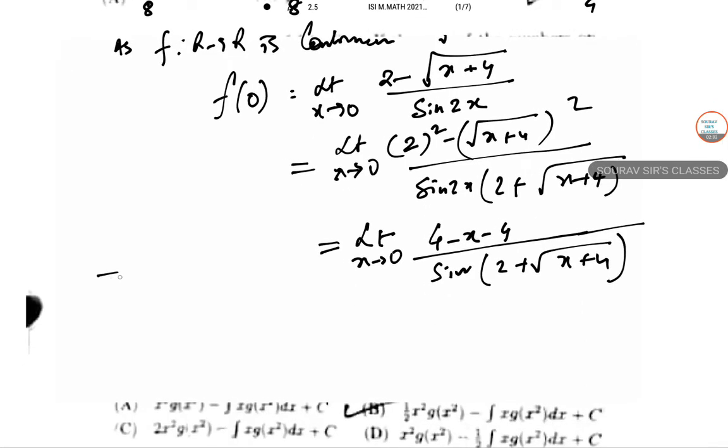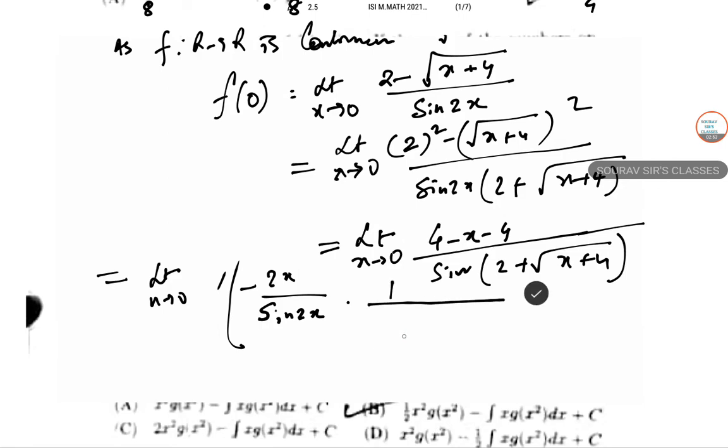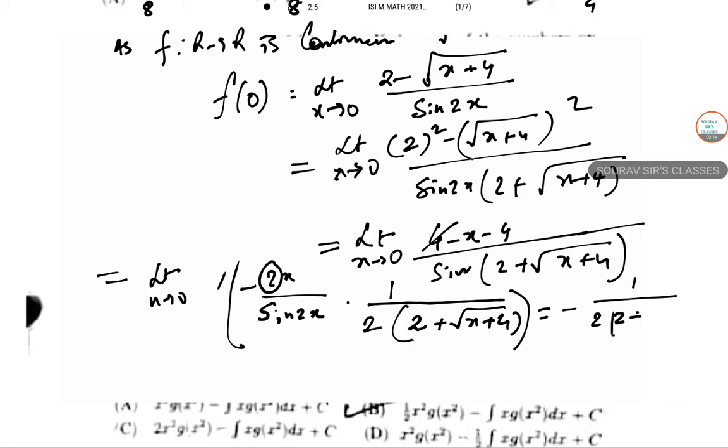Limit as x tends to 0 of -2x / sin 2x times 1/2, so this one extra 2 I am adding, and I am matching it out here, times 1 / (2 + √(x+4)). So -1 divided by 2 plus √4, just put the value, 2 plus 2 is 4, so -1 by 8.